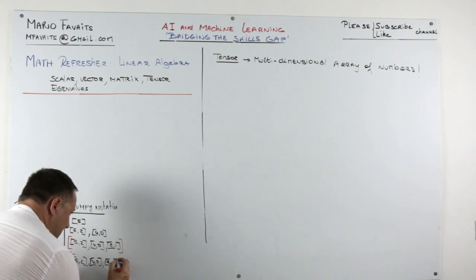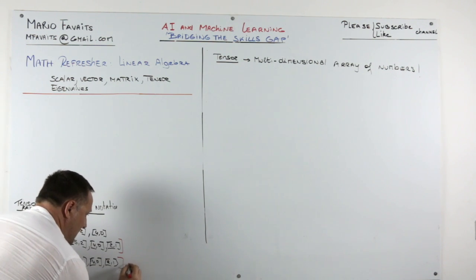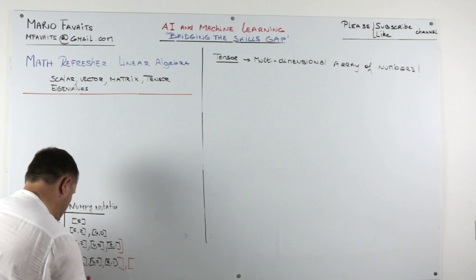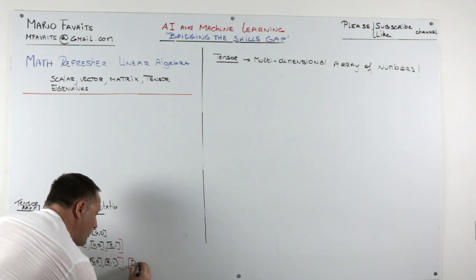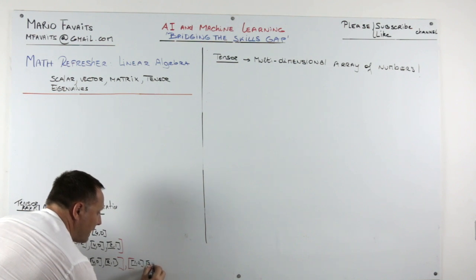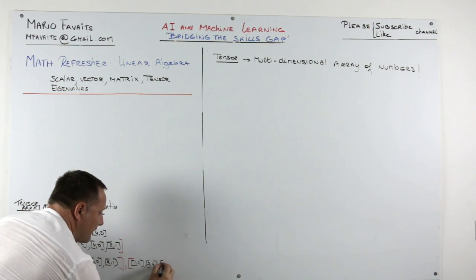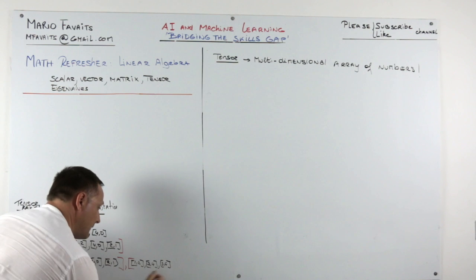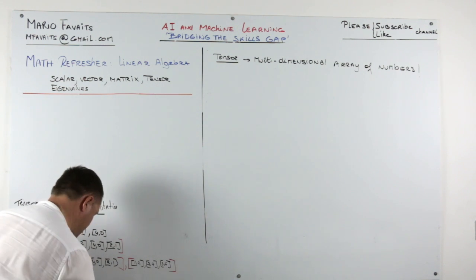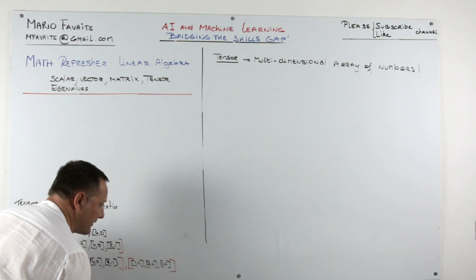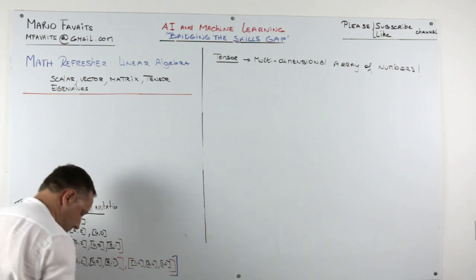We close this matrix and we open the next one. Let's say 1, 2, 3, 4, 5, 6. Yeah, this is another matrix. We close it, and now we can close the tensor as well.